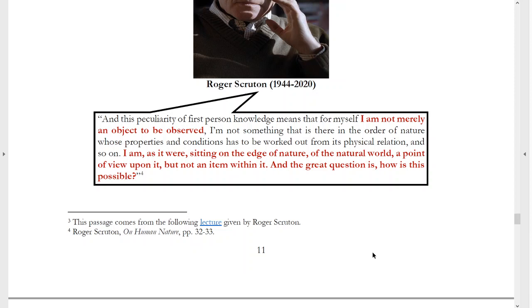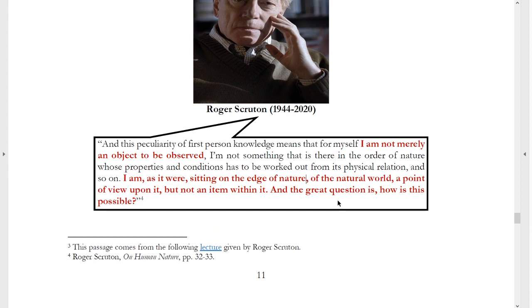So he says, because you're a person, you're not just an object to be observed and studied and explained in a physical way. He says, "I am, as it were, sitting on the edge of nature, of the natural world, a point of view upon it, but not an item within it." Human beings are on the edge of nature because on the one hand, we have instincts, and we follow the physical laws of nature, just like animals do, just like rocks do, just like computers and cars.